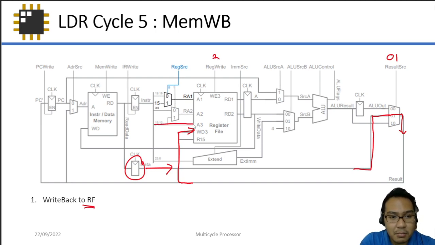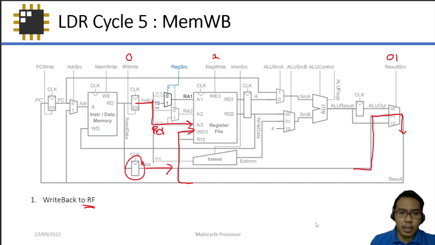The destination also needs to be fed here, but since we haven't written anything into the instruction register, remember IRWrite has been 0 all this time, so the same instruction has been being fed out of it, so Rn is still coming into here, thus RD is still correct. So okay, that's basically it for the things that we need for LDR cycle 5.